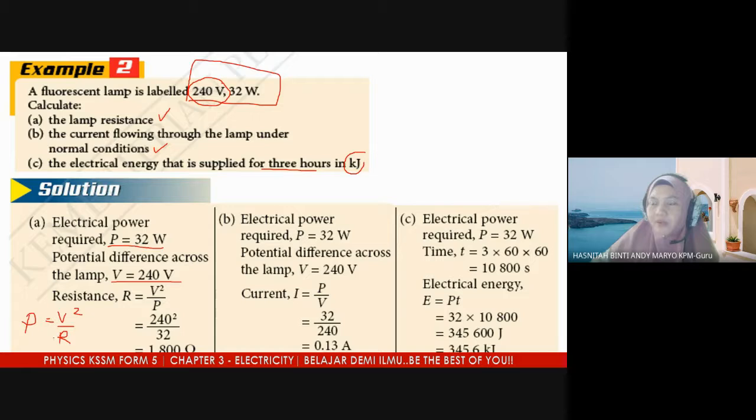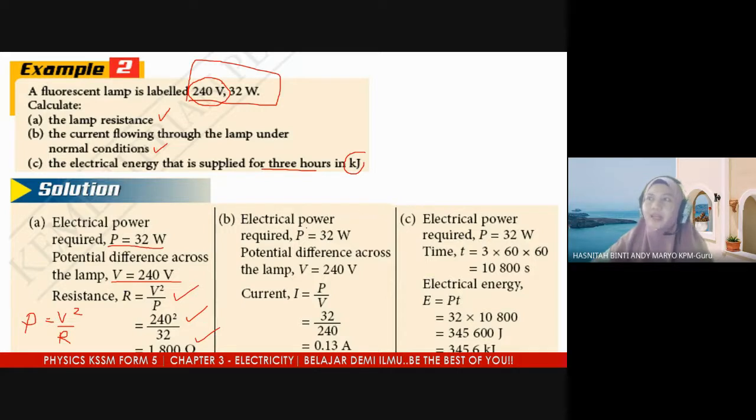We are looking for resistance, so we make resistance the subject. We swap places between power and resistance, so it becomes this. Then you just do the substitution. 240 squared divide by the power 32. So it gives you 1,800 ohm.